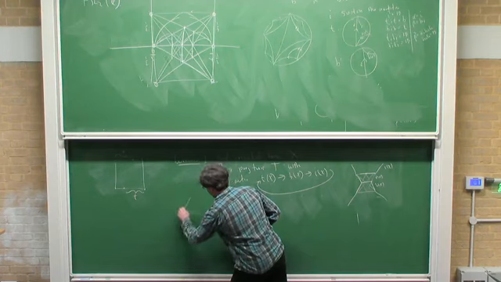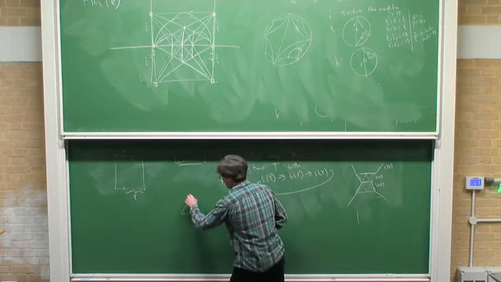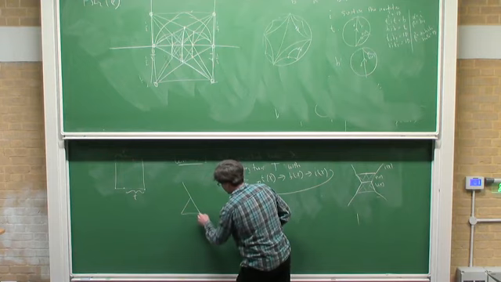You start by drawing an equilateral triangle, and then you extend the lines.